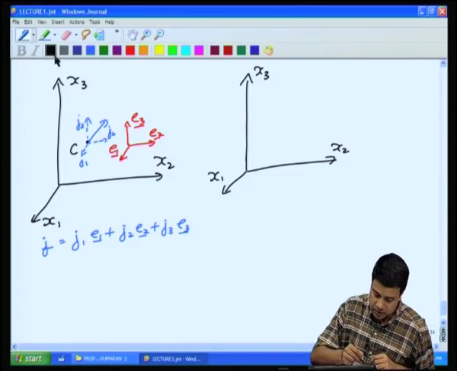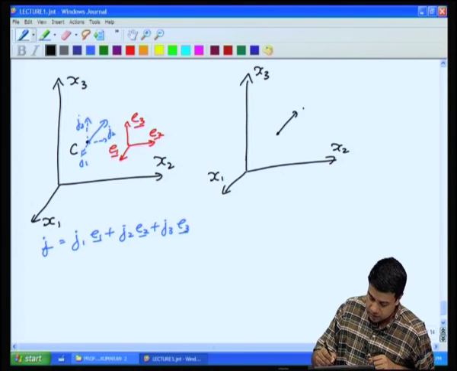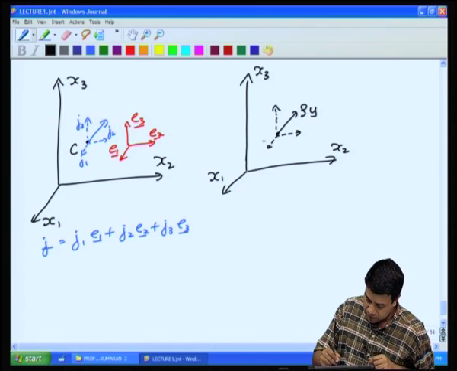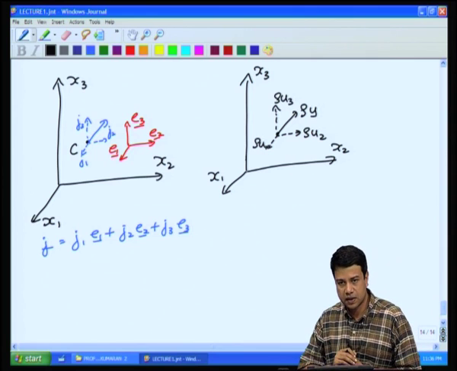So, at each particular point, I have one momentum vector. This momentum density vector will be rho times u, with its three components: rho u1, rho u2, rho u3.